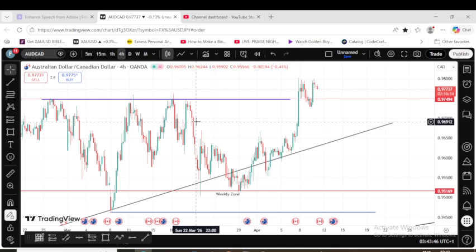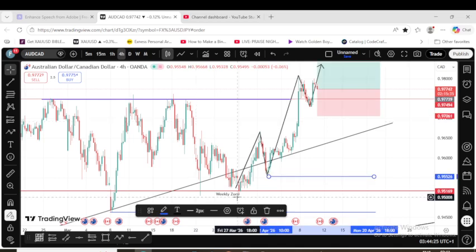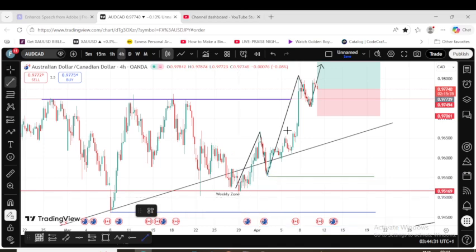On the shorter time frame, price has not yet broken this correction. That is to say, this swing low has been confirmed. Let me make it green for the sake of difference in time frame. This swing low has been confirmed, but then this swing low here has not been confirmed.